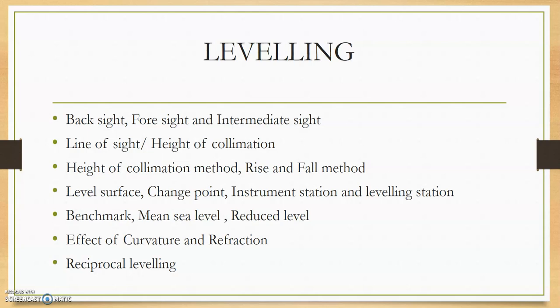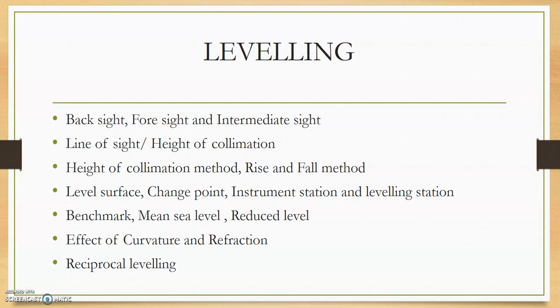That point is known as the change point, at which backsight as well as foresight should be taken. So this is a mandatory point: wherever there is a change point, both backsight and foresight should be considered.